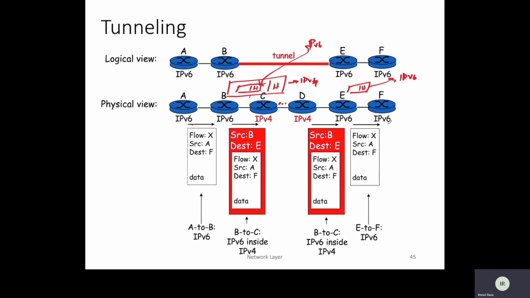So we can start doing the transition at the ends, where we keep updating and changing the IP version 4 routers into IP version 6 routers, and up to that we can use tunneling. You can see that there is a tunnel from A to E, where we are encapsulating IP version 6 packets into IP version 4 packets, right?